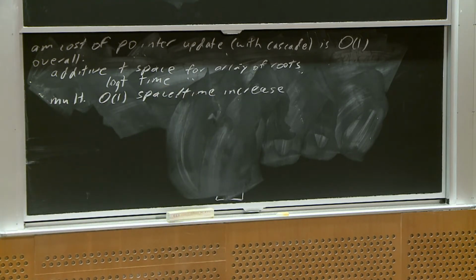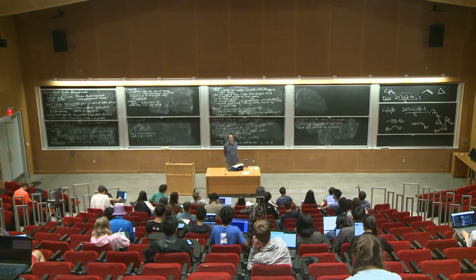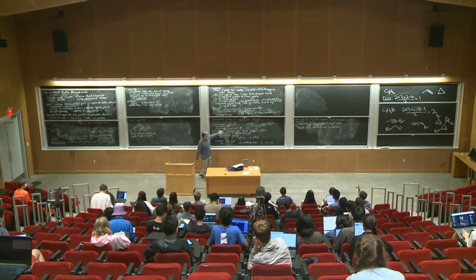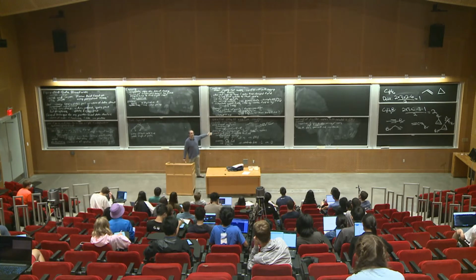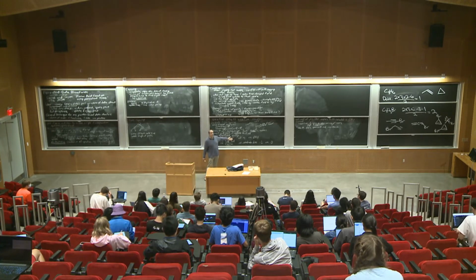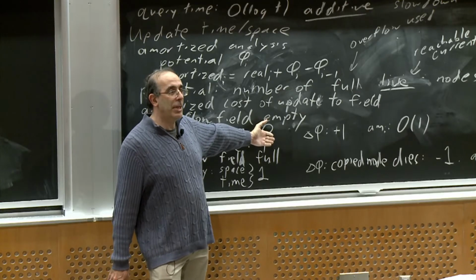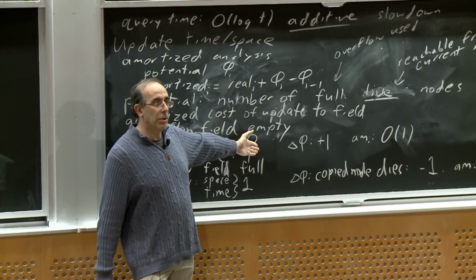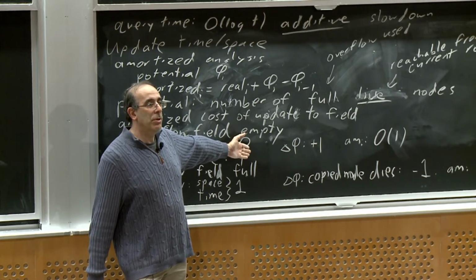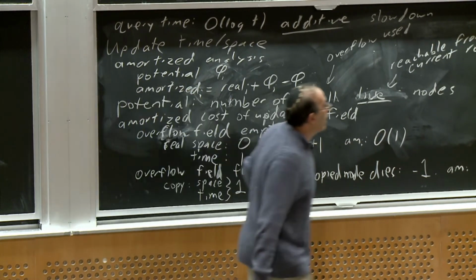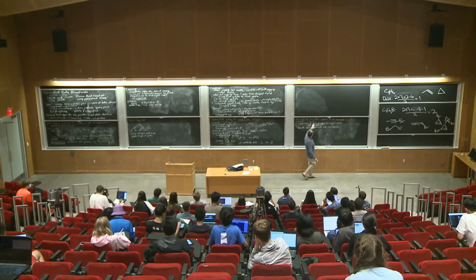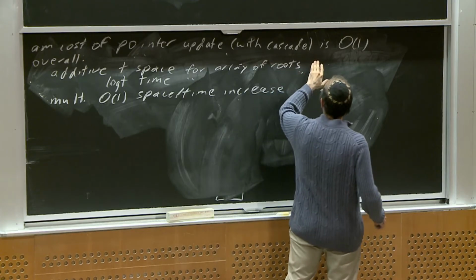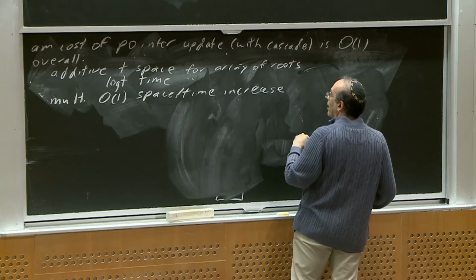Yes? How do we have only a constant space multiplication if we're making new nodes as we go? That's exactly what I just proved here. What this analysis has shown, I did two things at the same time. I proved to you that the amortized time per field update was order 1.